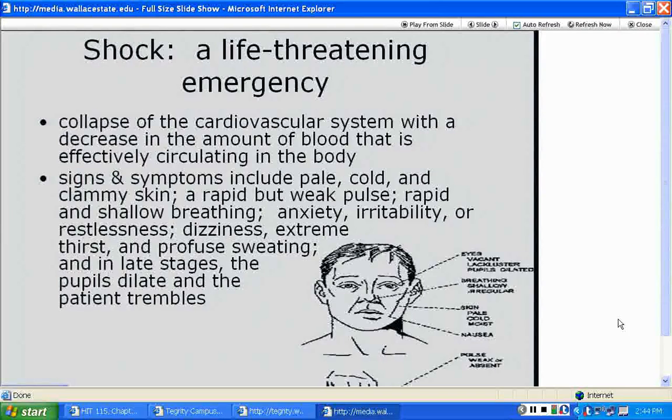Pulse again, rapid but weak, rapid and shallow breathing, anxiety, irritability, dizziness, extreme thirst, profuse sweating. In the later stages of shock, the person's pupils will dilate and the patient trembles.